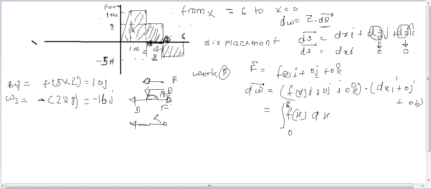The angle is 180 degree, so the dot product will be negative. So W3 is a negative quantity, that will be minus, I have just given a sign. This length from here to here is 1, so 10 into 1, that will be minus 10 joule.